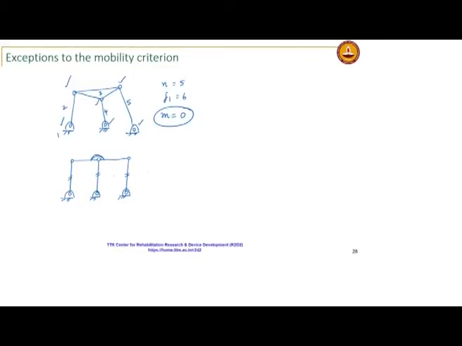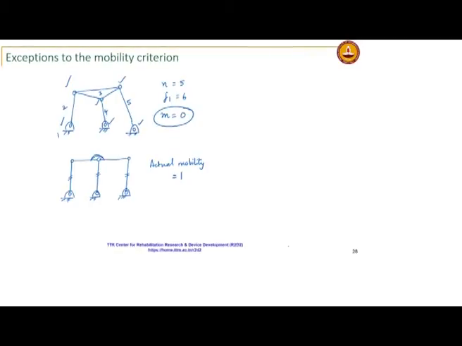The mobility equation still tells me that the mobility of this is 0, but actual mobility equals 1 for this mechanism. Okay. The reason for that is the mobility criterion does not apply here.